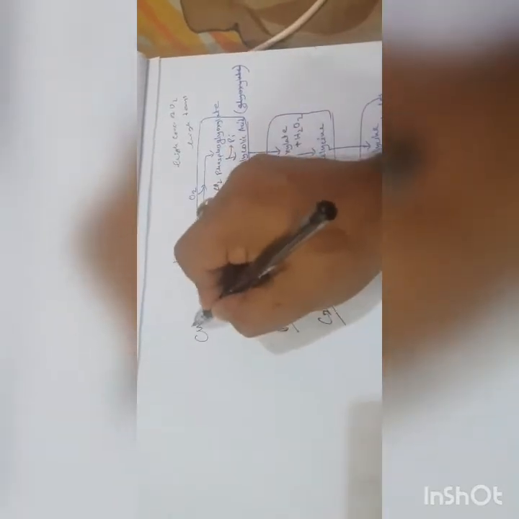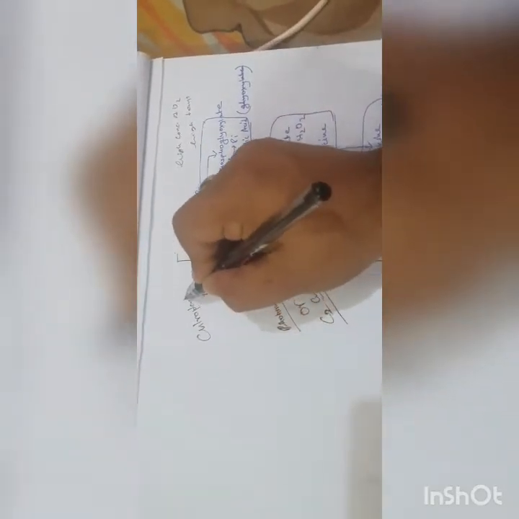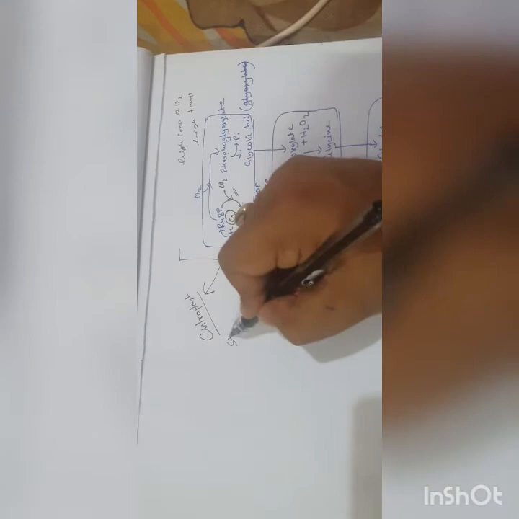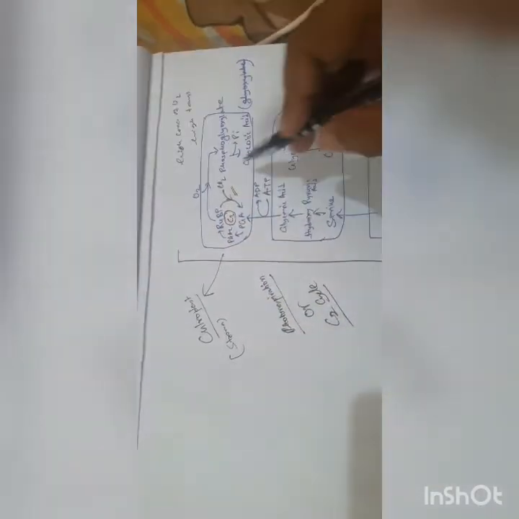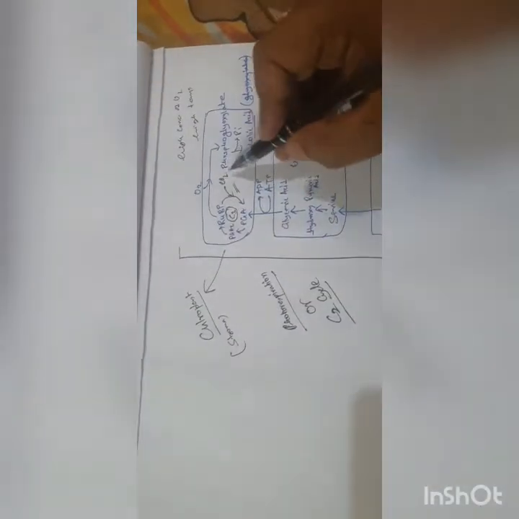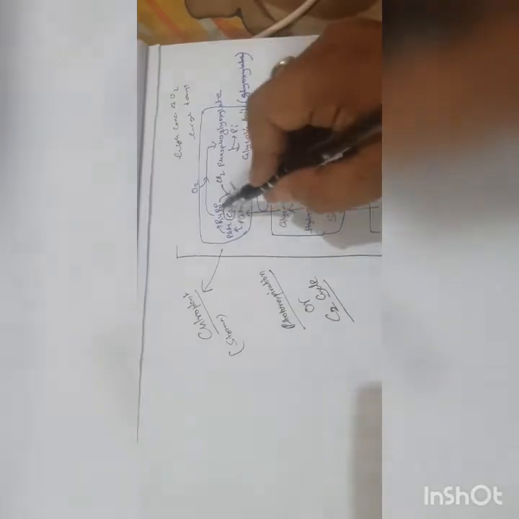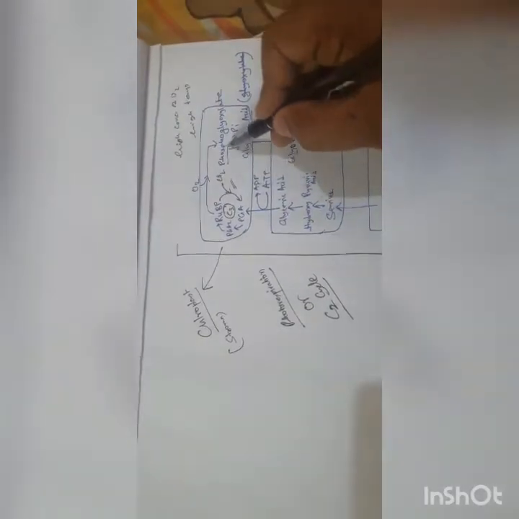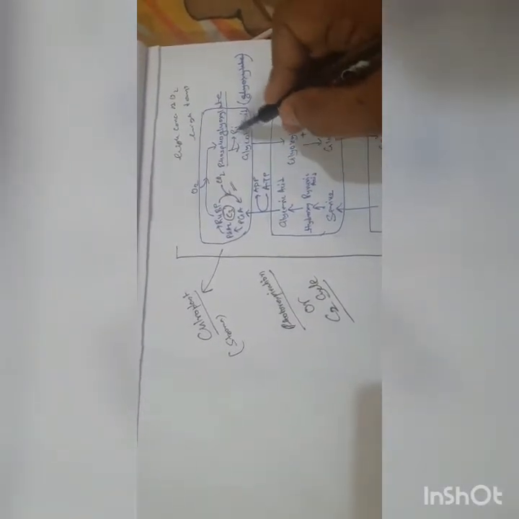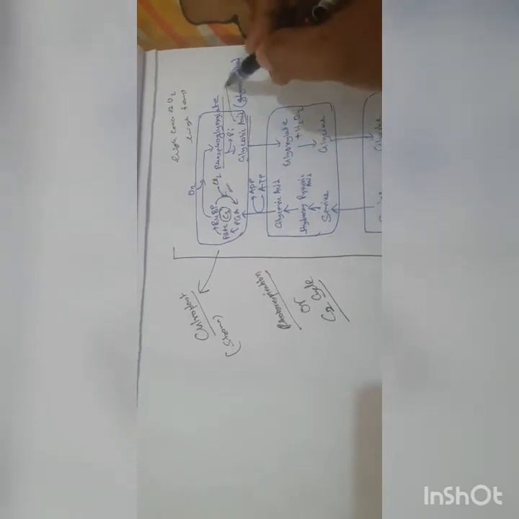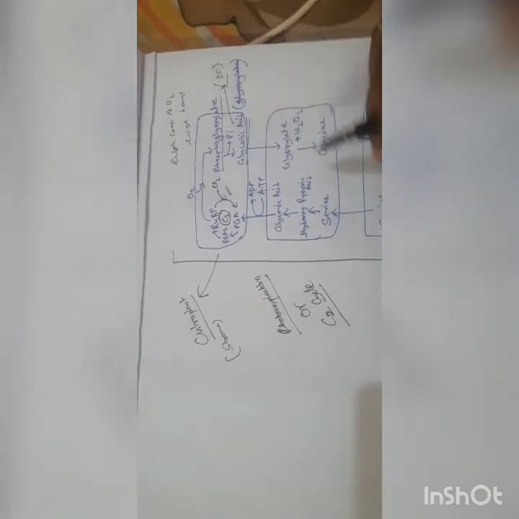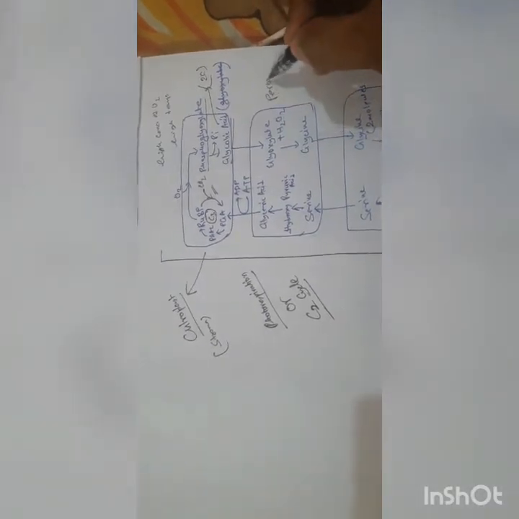What is happening in the stroma of the chloroplast is that the oxygen is taken, and the RuBP takes oxygen and converts into phosphoglycolate, which releases Pi, and glycolic acid is the first stable compound, which is 2 carbon. And then from the chloroplast it goes into the peroxisome. This is the peroxisome.